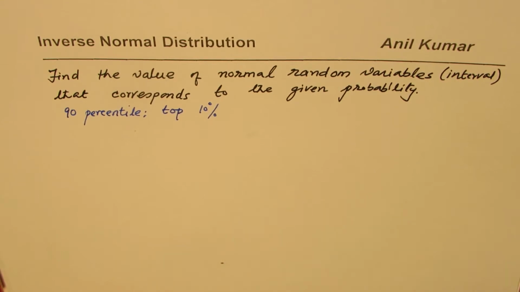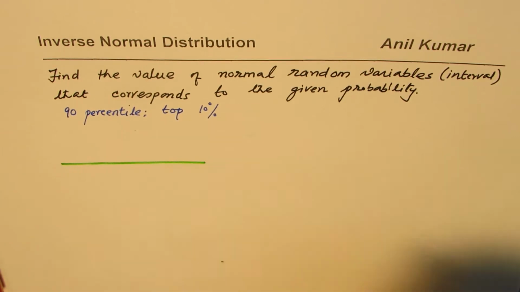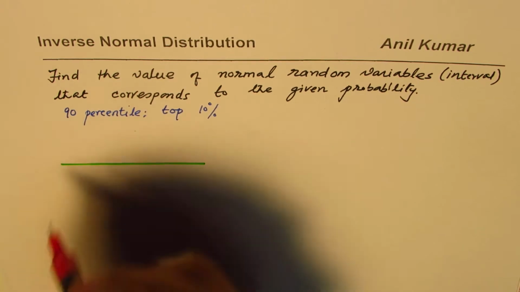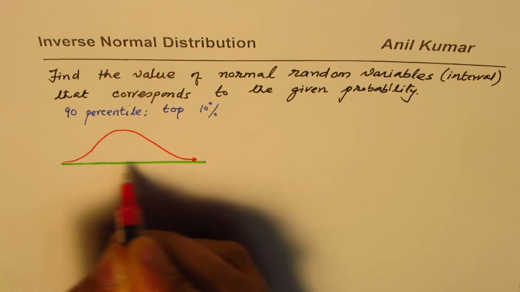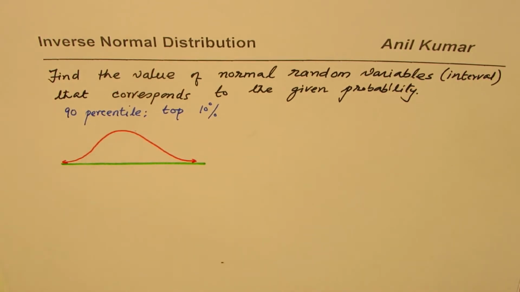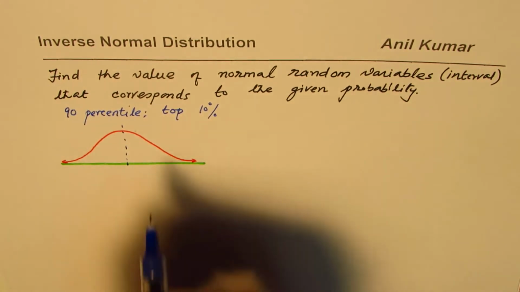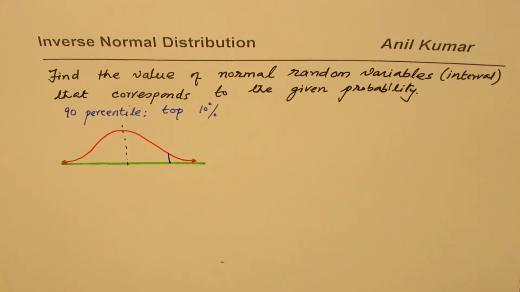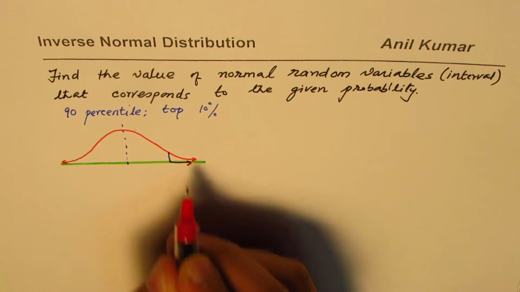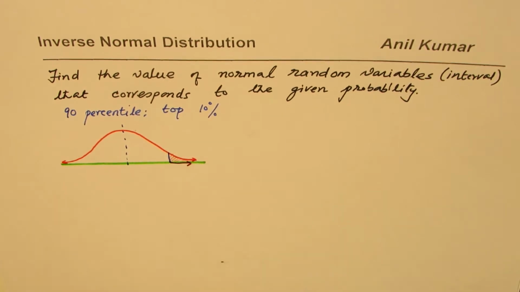So in such cases, what are we really trying to figure out? We're trying to figure out that if they have normal distribution data, let me make one curve here, kind of like this. That's the mean. What they're looking for are those who can be in this group from here onwards, so the top 10%, the 90% group.